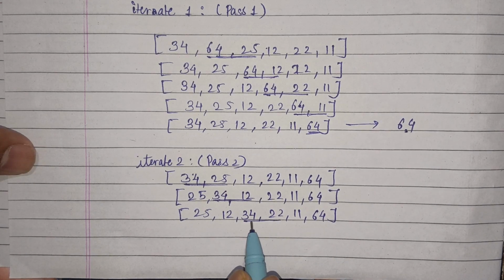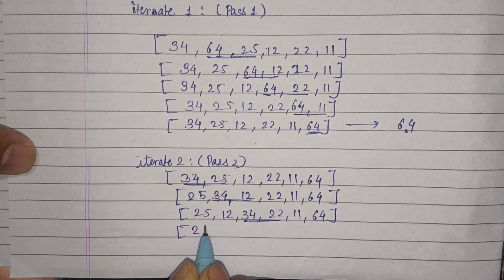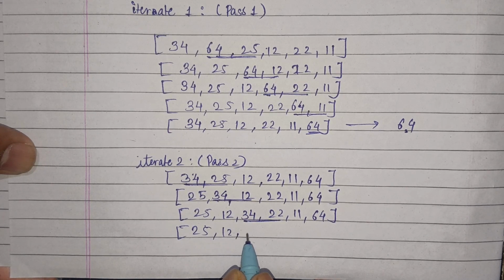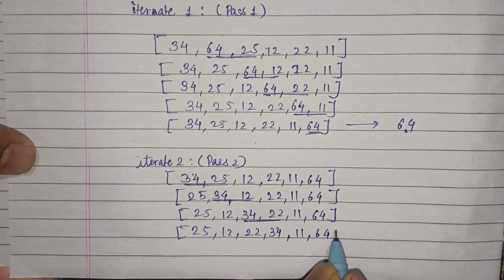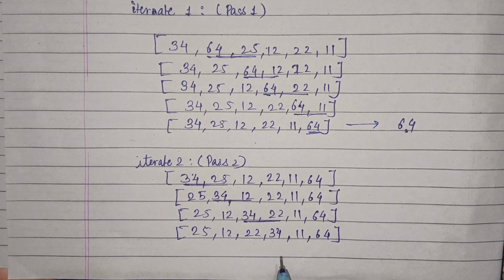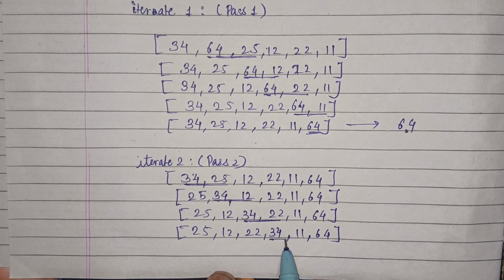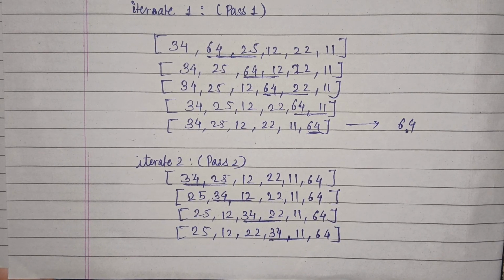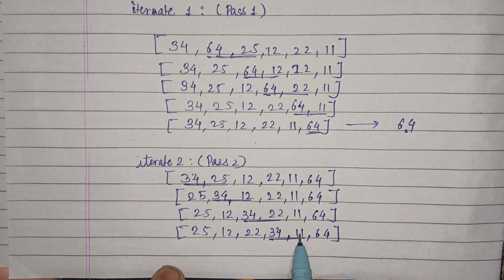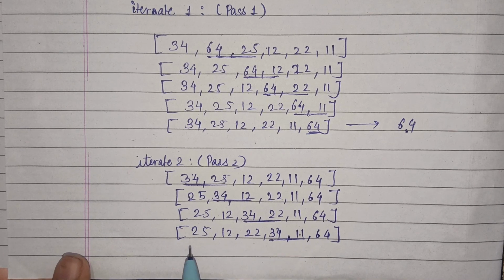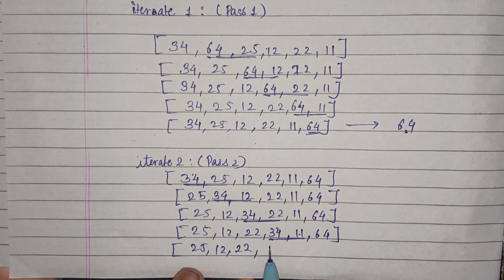34 and 22 will be compared. 34 is greater than 22, so it will get swapped, and 25, 12, 22, 34, and the rest of the elements will be the same. Now 34 and 11 will be compared, and 34 is greater than 11, so it will get swapped. 11 and then 34, then 64.